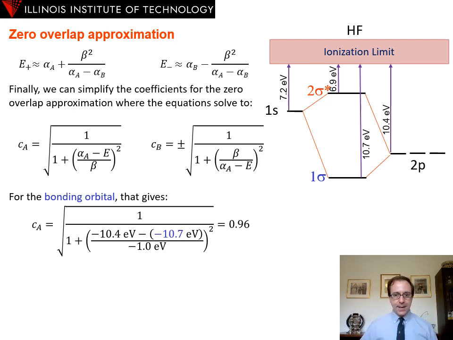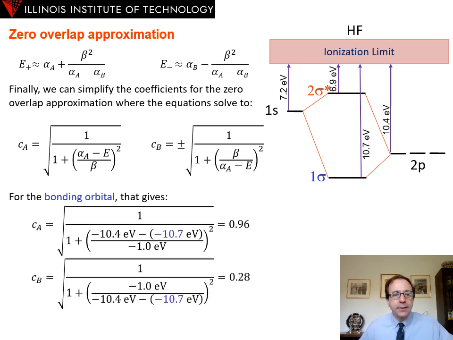You can go through on your calculator and do that calculation. We're going to keep two significant figures because it's a gross approximation, since we're just guessing at that value of beta, so we can't be more precise than this. Then if we calculate the value for the coefficient for the B wave function, we get 0.28.